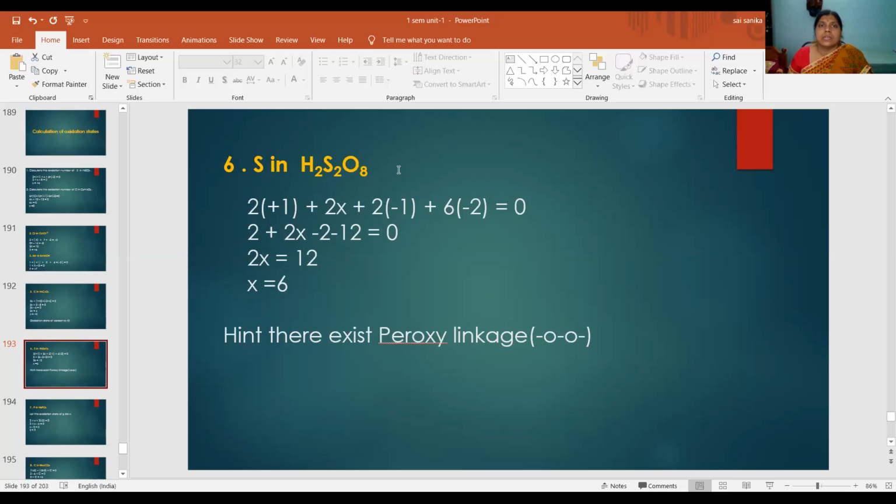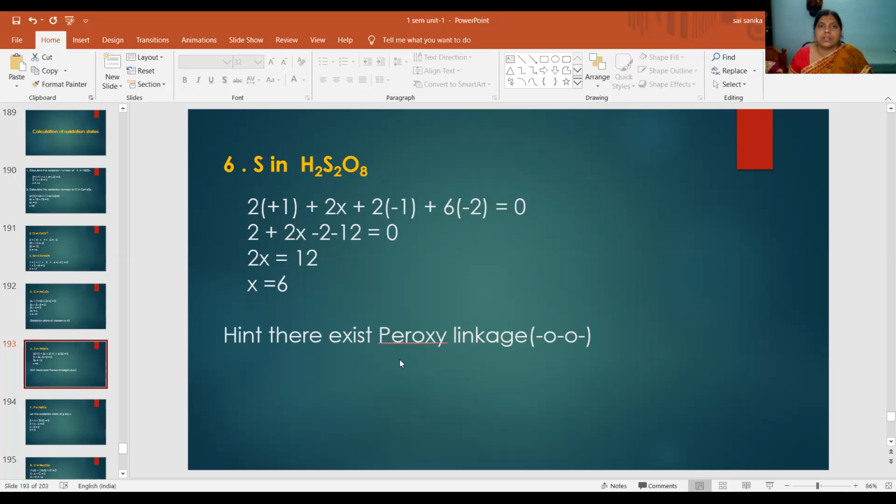Okay. Then S in H2S2O8. Here one hint is given: there is a peroxy linkage. Out of 8 oxygens, 6 oxygens are with oxygen bond and 2 oxygens are with peroxy bond. So they will give the hint in the exam also.